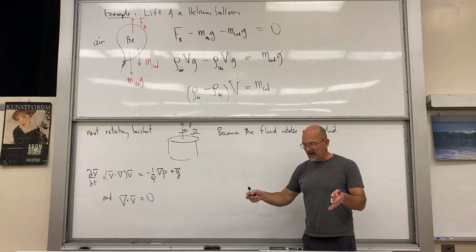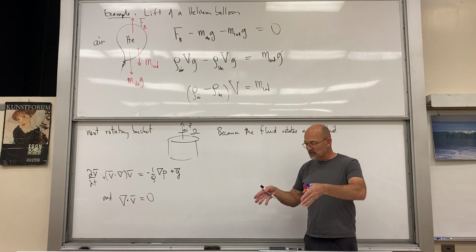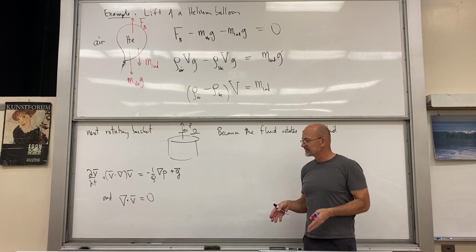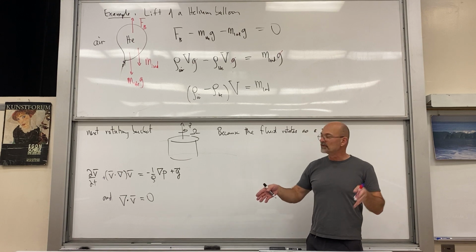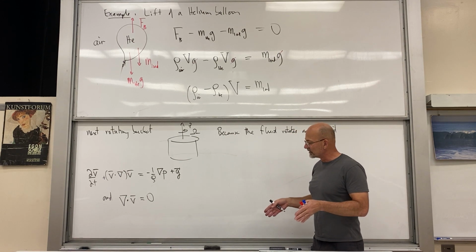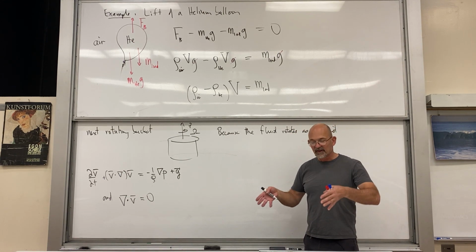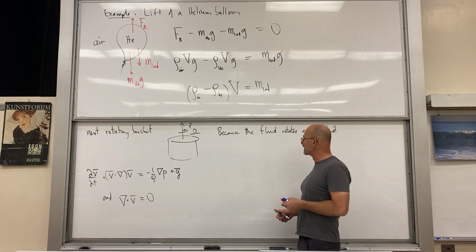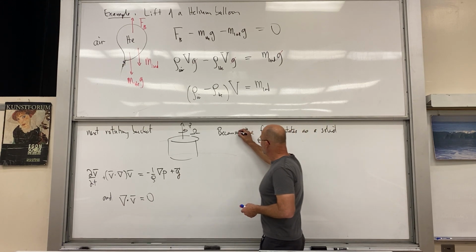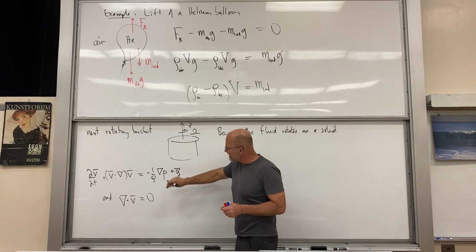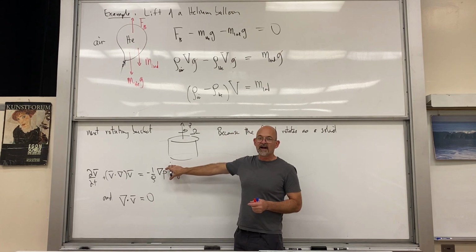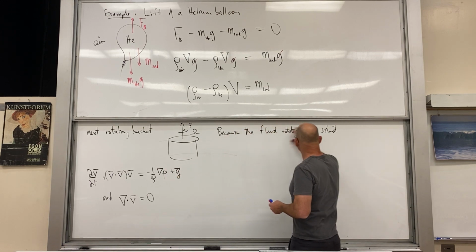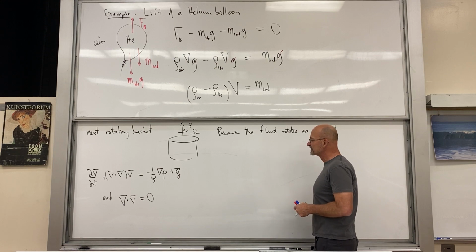Before it gets up to speed, there would not be a uniform rotational speed at all. There would be slip and friction and everything else, and eventually it all comes together. But for that initial phase, this equation wouldn't even be valid. But once it's rotating as a solid, it is valid.